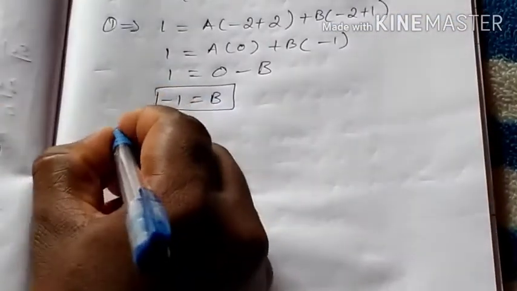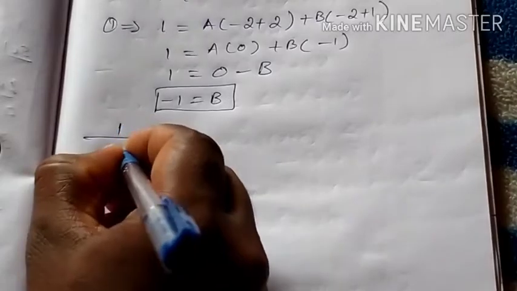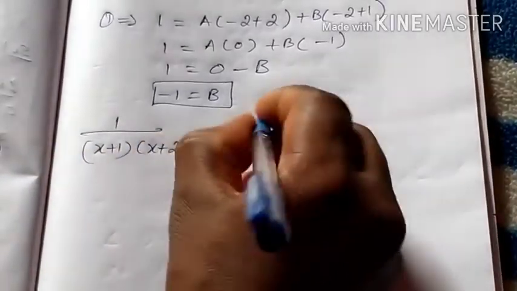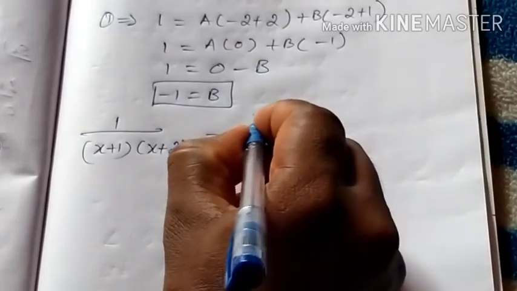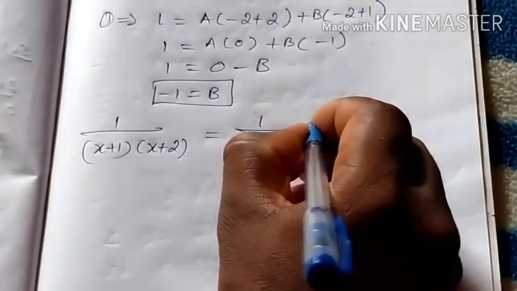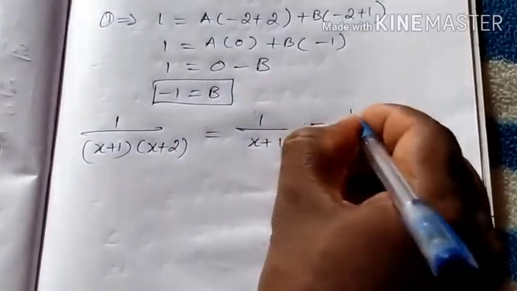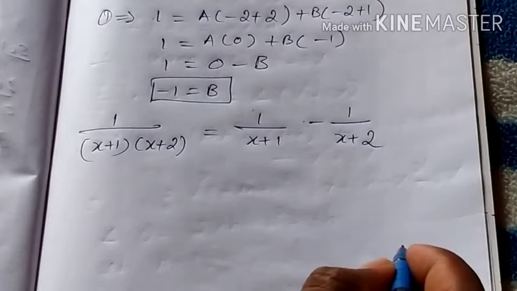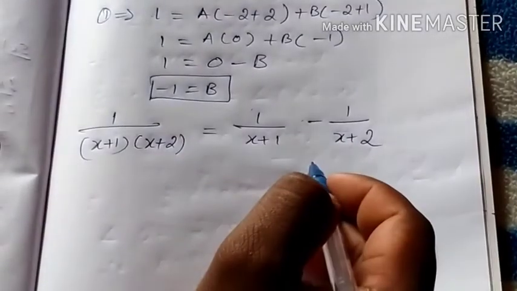Substitute the partial fraction: 1 divided by x plus 1 into x plus 2 equal to a value is 1, so 1 by x plus 1, then b value is minus 1, so minus 1 divided by x plus 2. Okay, this is the given question.